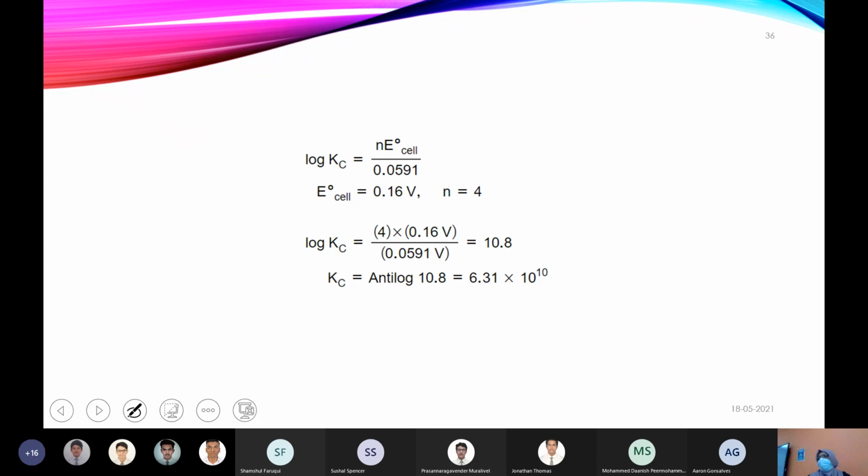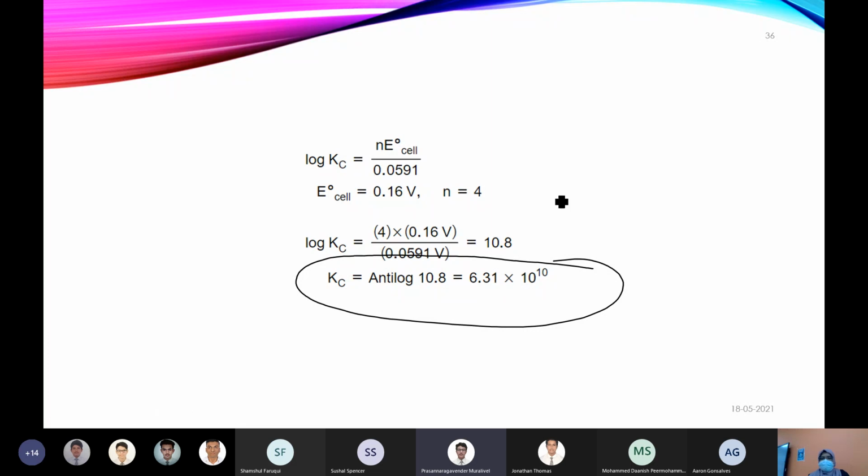What is the comment about the Kc value? What information are you getting about the reaction from the Kc value? Ma'am, the reaction is spontaneous. The reaction is spontaneous because Kc is more than 1.